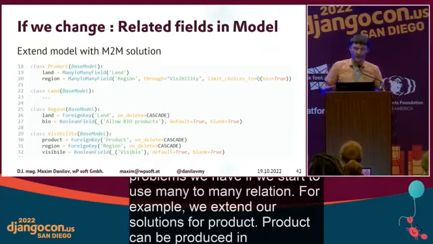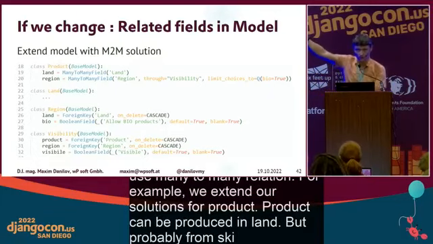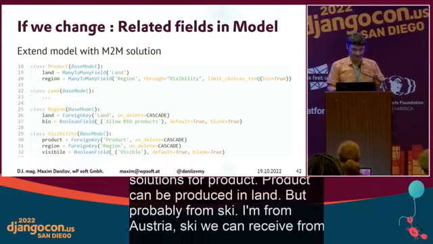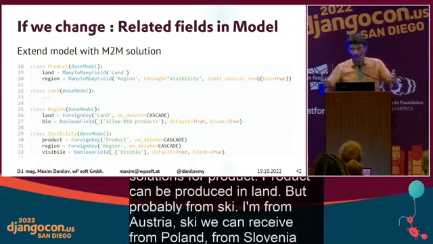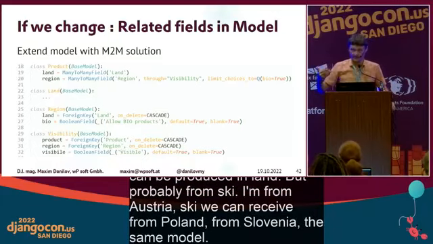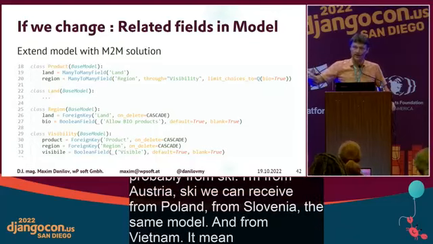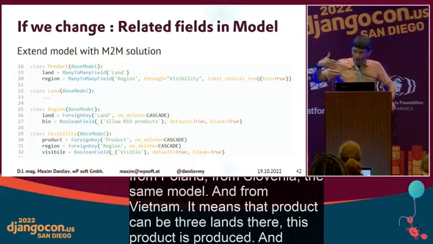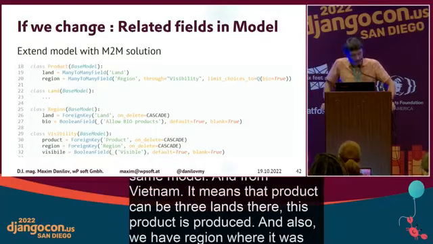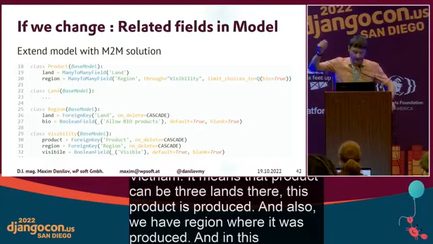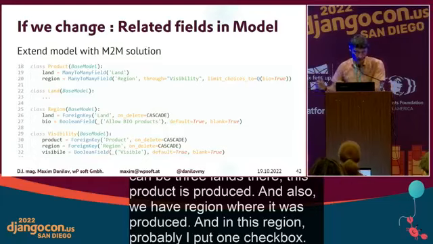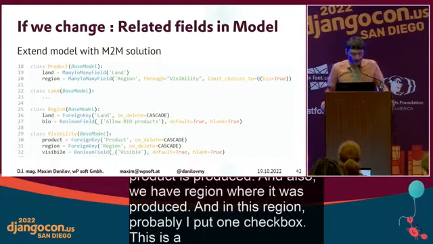I'm from Austria. Ski we can receive from Poland, from Slovenia, the same model, and from Vietnam. It means for a product there can be three lands where this product is produced. And we also have a region where it was produced, and in this region I probably put one checkbox: is this biological production or normal production.